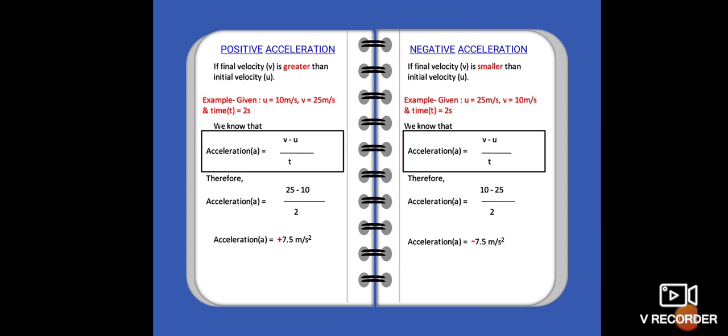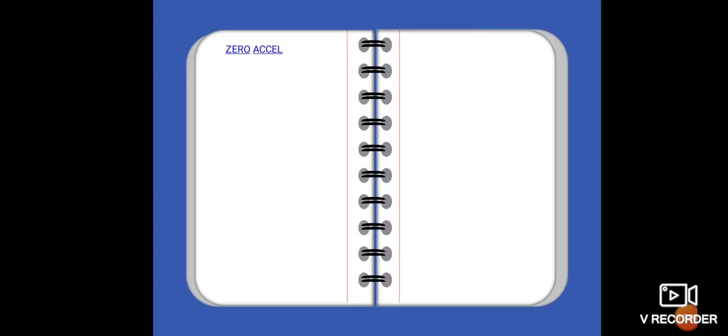Final velocity v equal to the initial velocity u is the zero acceleration. जब फाइनल वेलोसिटी और इनिशियल वेलोसिटी दोनों ही इक्वल हो जाएगी तो वो जीरो एक्सेलरेशन होगा. Got it? Okay.